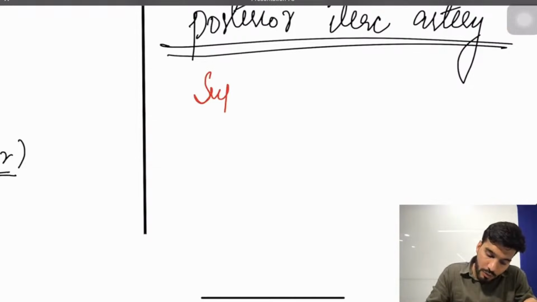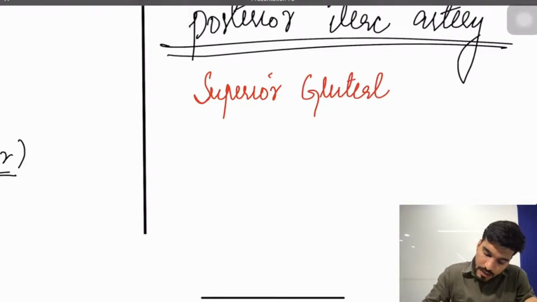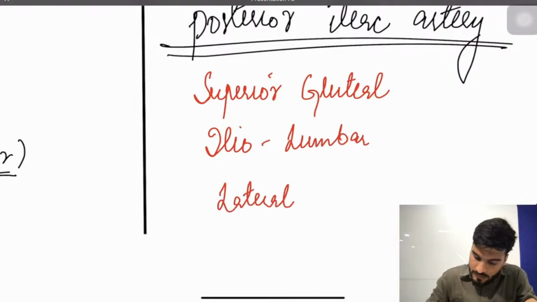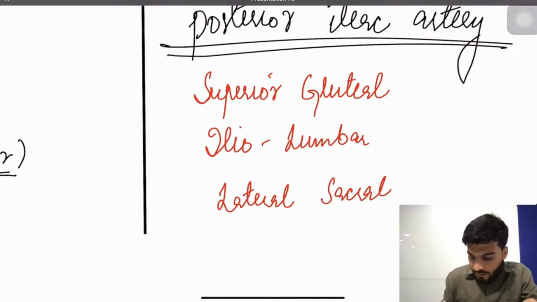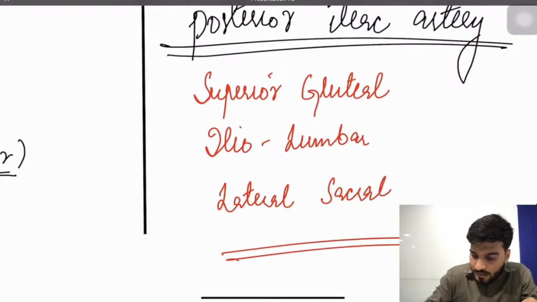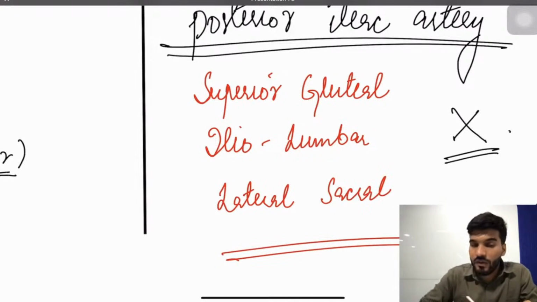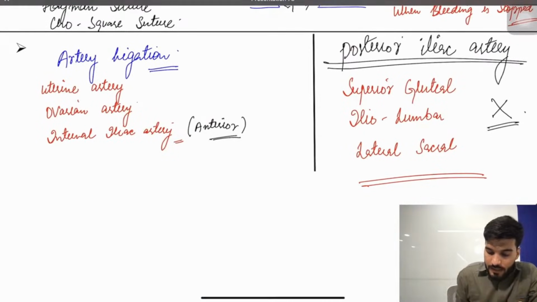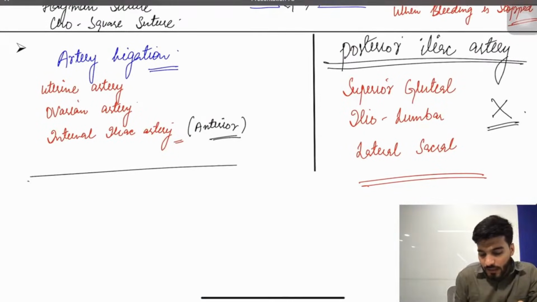We have the superior gluteal, we have the iliolumbar, and we have the lateral sacral. Okay, never ligate these branches. If we ligate these branches, the patient will complain of paralysis and numbness. Okay, always ligate the anterior branch of the internal iliac artery.